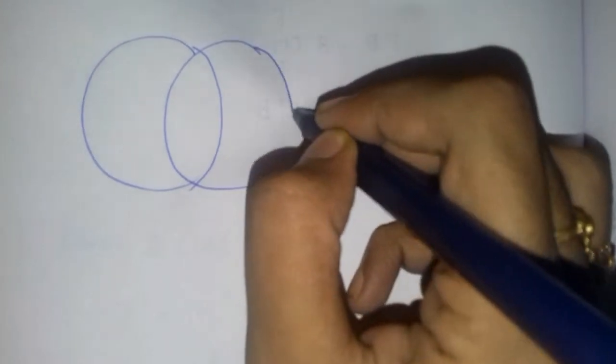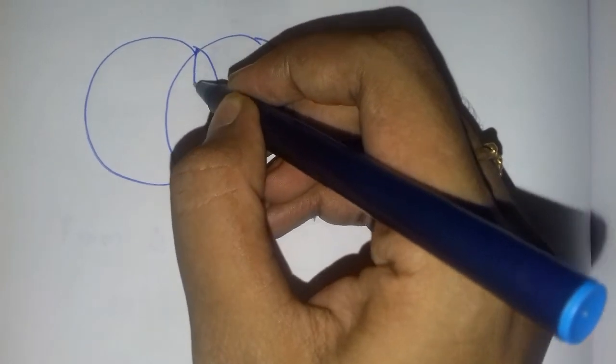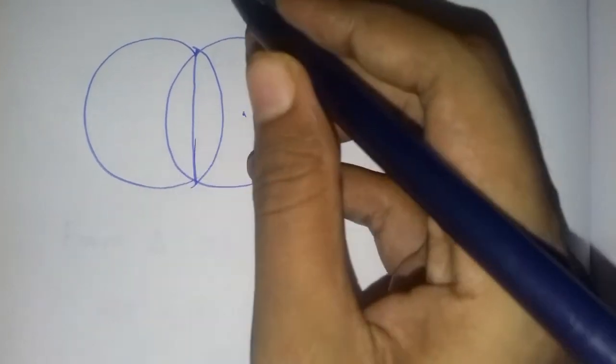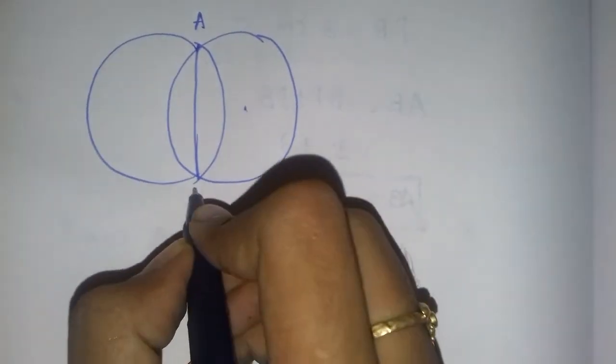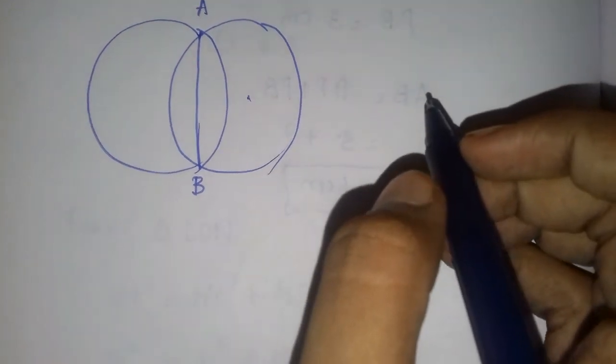Now, two circles we have drawn. Then we have to draw a chord which is common to both the circles. This is the chord. Mark the chord name as A and B. Then what else is given?